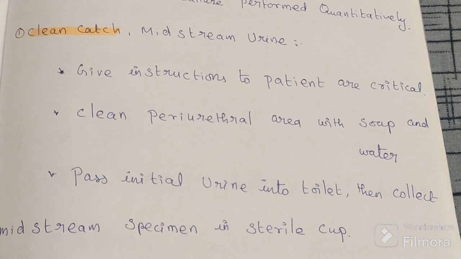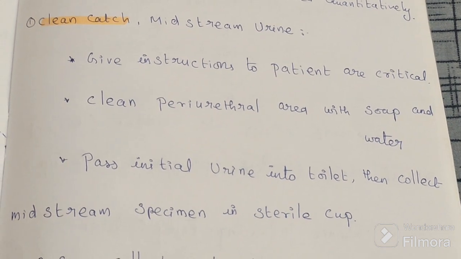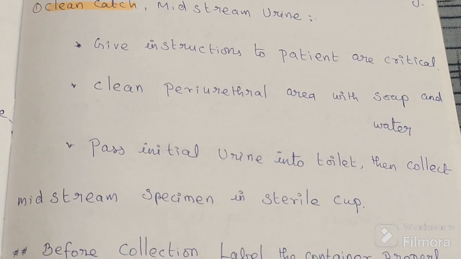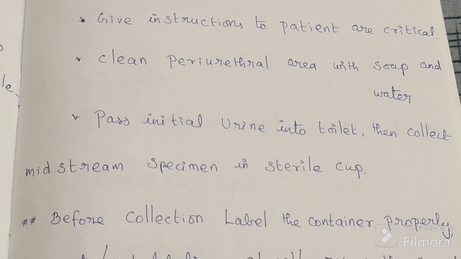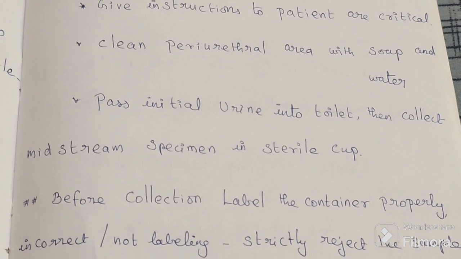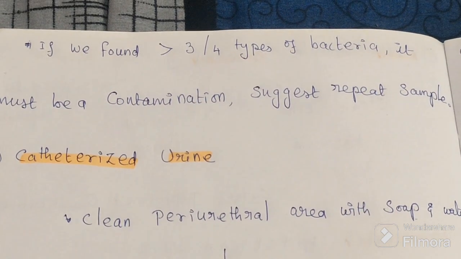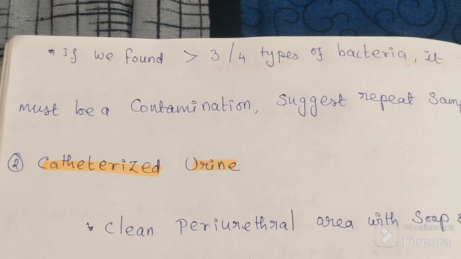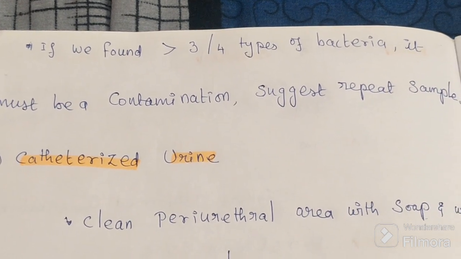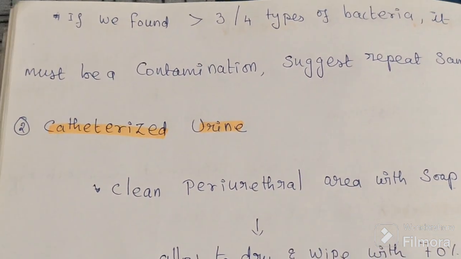We want to give instructions to our patient. Clean the periurethral area by using soap and water. Then initially pass a little urine, and we collect midstream urine only. If we find more than 3 or 4 different types of bacteria, it must be contaminated. We want to take one more time, repeat that sample.